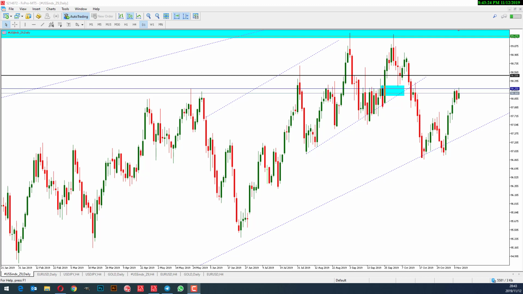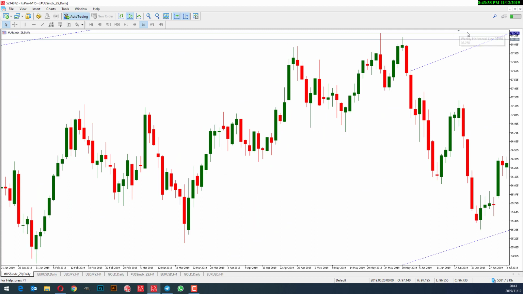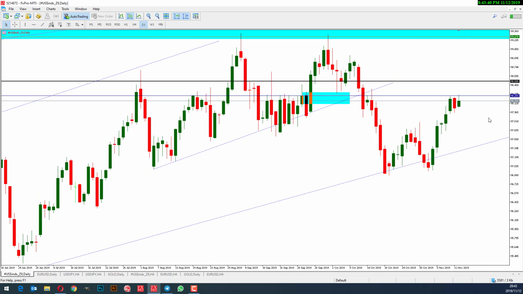Right, so we're gonna look at dollar index. First and foremost, we need to really look at how it has been trading for the past, let's say 2 days, including today and Monday, plus Friday's trading.